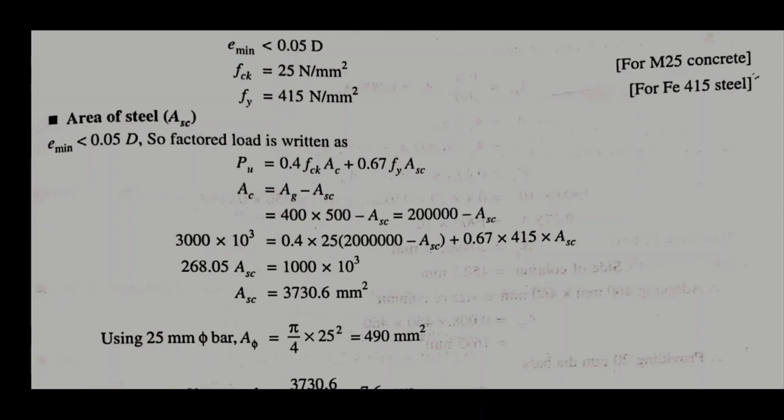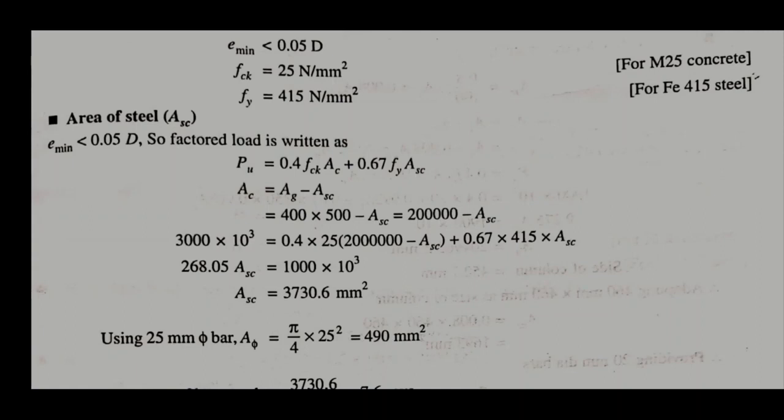From this equation we can calculate the value of Asc. So value of Asc is equal to 3730.6 mm square.